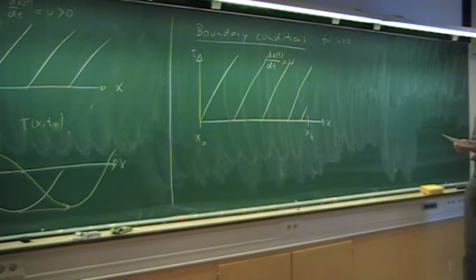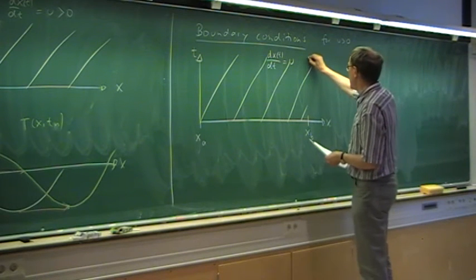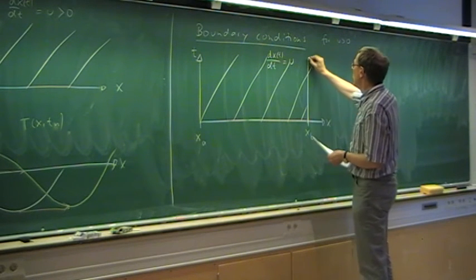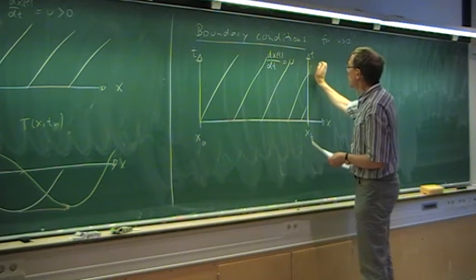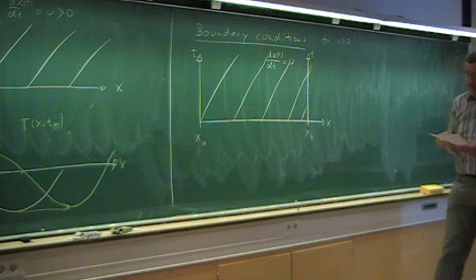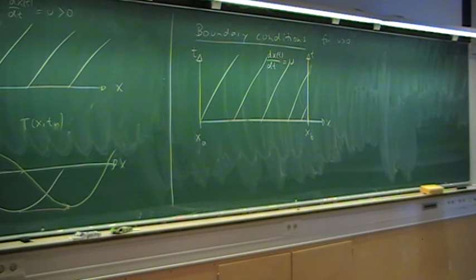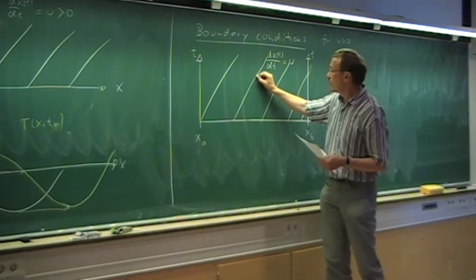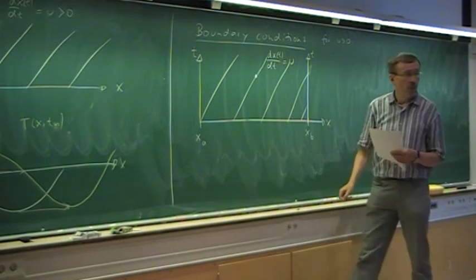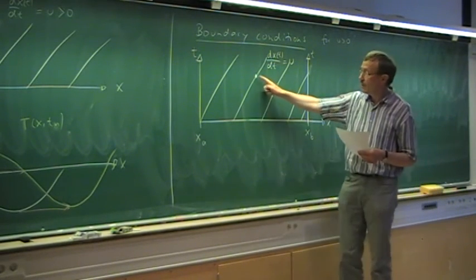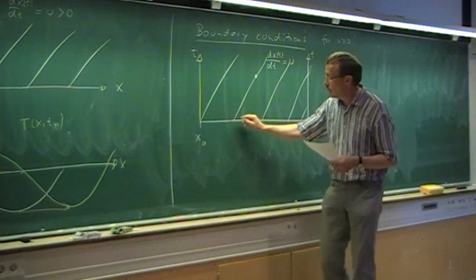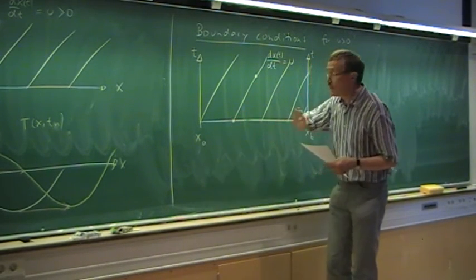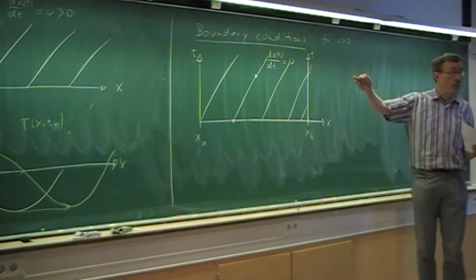Now let's look at the boundaries. Here we have the boundary at the right. We have also T here. If we are inside the domain, for example, at a point here, then we can go back to the initial condition, and then we have the solution in the way that we discussed.